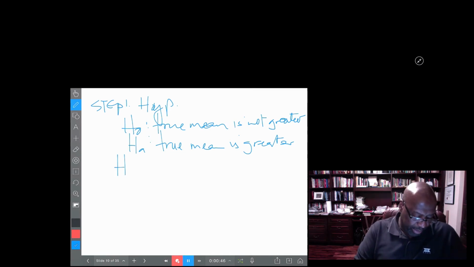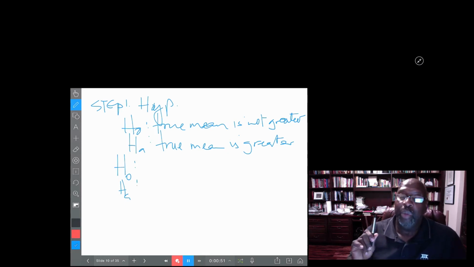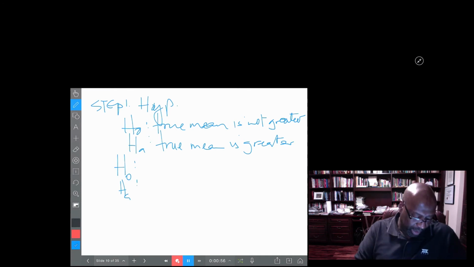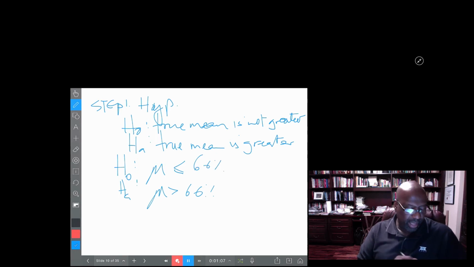So let's put that in symbols, H0 and HA. And always remember that we are hypothesizing about a population parameter, not a sample. So please don't use X bar. So we want to say the mean is greater than 66% versus the mean, if you're a skeptic, you'll say, is not greater than 66%. So that is step 1. Easy? Cool. Step 2. Let's go. So step 2, we have the following.